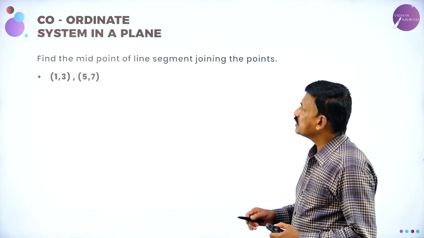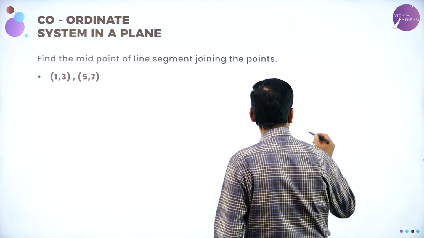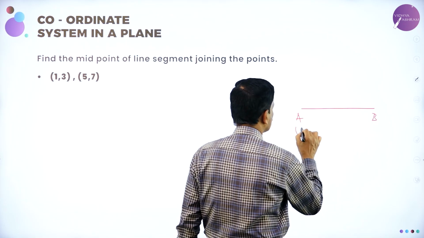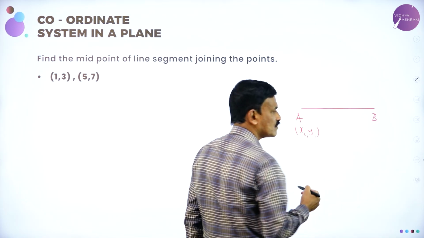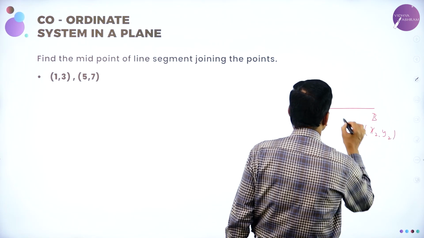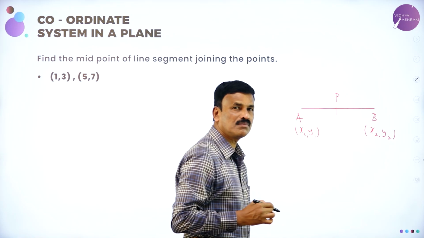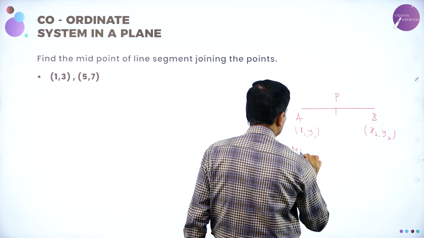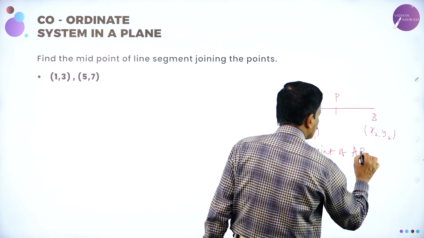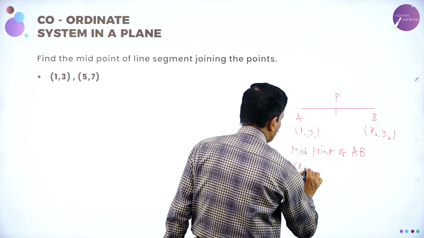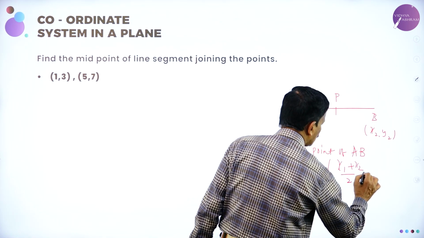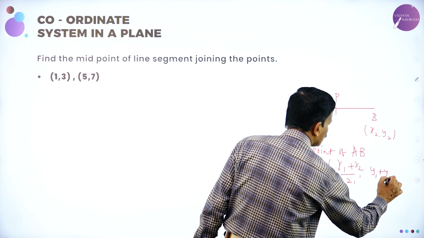Now let us know regarding the midpoint. So what is the formula for midpoint? The midpoint of a line joining the points A x1 y1 and B x2 y2. So if A x1 y1 and B x2 y2 are the 2 points, then the midpoint of AB is equal to Px comma y is equal to x1 plus x2 by 2 comma y1 plus y2 divided by 2.